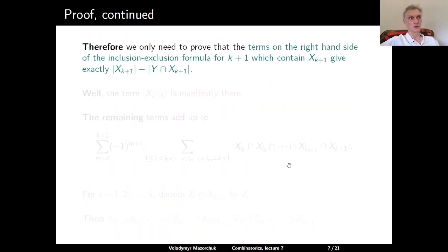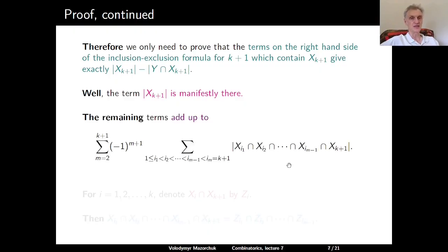Therefore, in order to prove the inductive step, we only need to check that the terms on the right-hand side of the inclusion-exclusion formula for k plus 1, which contain x sub k plus 1, give exactly the cardinality of x sub k plus 1 minus the cardinality of the intersection between Y and x sub k plus 1. Of course, the term the cardinality of x sub k plus 1 is manifestly in the formula. It corresponds to a singleton subset for the index equal to k plus 1.